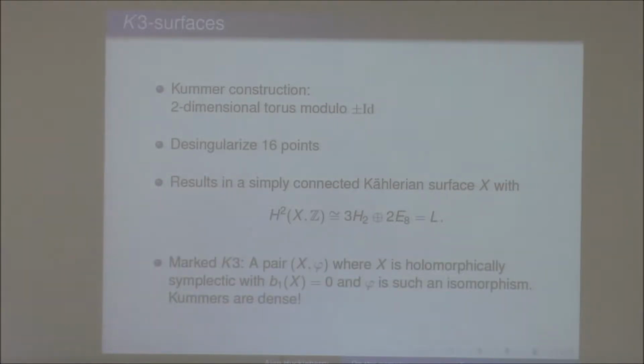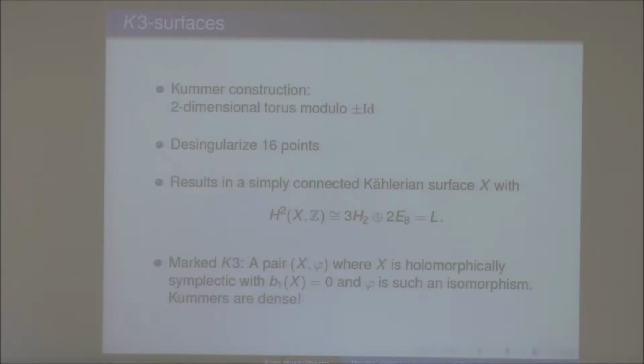And then in general, this is just an example, there's a sequence of examples here. In general, the way to look at these surfaces is this. You have a pair, it's related to the talk this morning, where X is holomorphically symplectic. So it's very easy to see in this construction that there's a nowhere vanishing 2-0 form here. So that would be holomorphically symplectic. Doing symplectic geometry over the reals, there's nothing to say about 2-0.